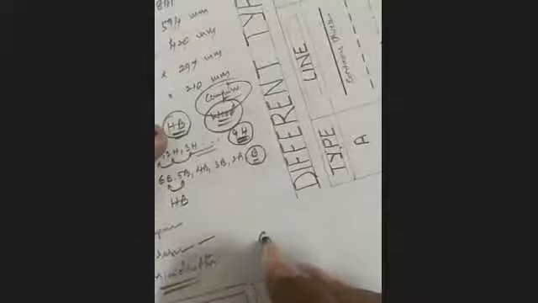Okay, last one. There is no space here, so I am writing on this side. G. Look carefully at this line: vertical, inclined, vertical, this, vertical, inclined, vertical, this.